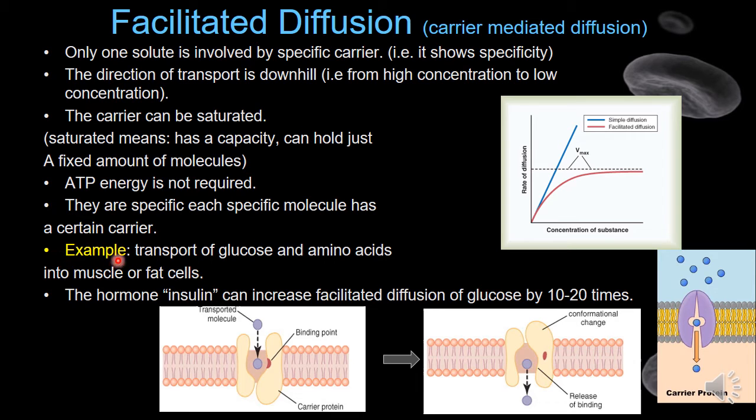The best example for this type of transportation is the transportation of glucose and amino acids into muscle and fat cells. For glucose, the insulin hormone increases facilitated diffusion simply because it increases the number of the carriers, and insulin can increase the glucose transportation by facilitated diffusion 10 to 20 times.